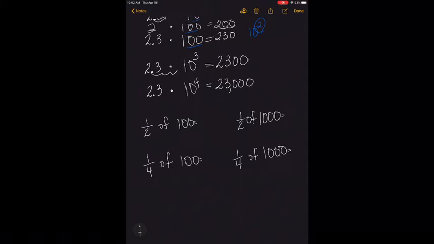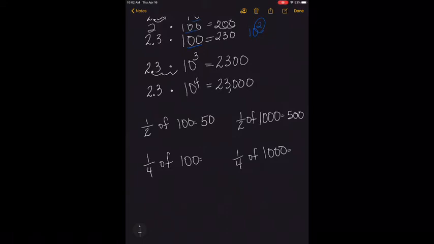And so in order to do that, one of the things I think might be helpful is to think on a smaller scale. So half of 100, I think you know, is 50. And half of 1,000 would be 500. So you can see how we end up adding an extra 0 between the two.